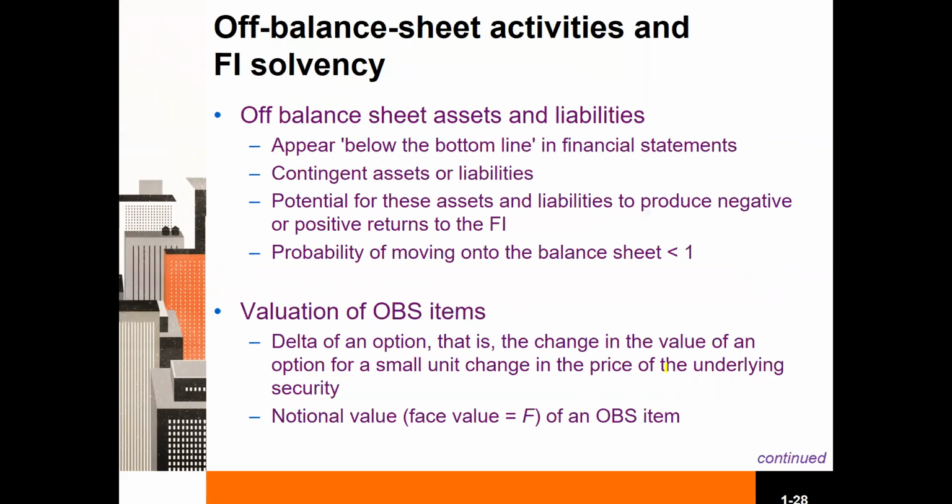For example, one relatively simple way to estimate the value of an off-balance sheet position in options is by calculating the delta of an option. If you remember, delta of an option is the change in the value of an option for a small unit change in the price of an underlying security. It is then multiplied by the notional value of the option position, to get the exposure of a financial institution to off-balance sheet activity.